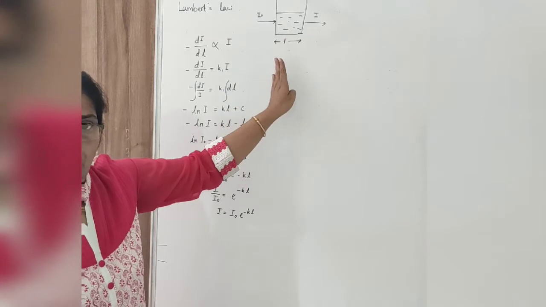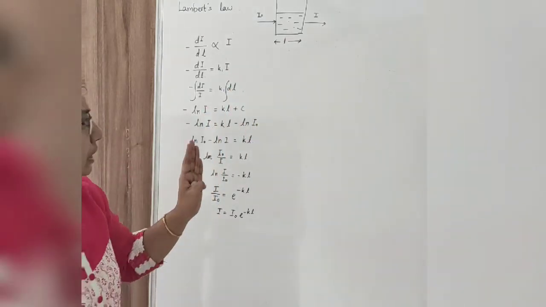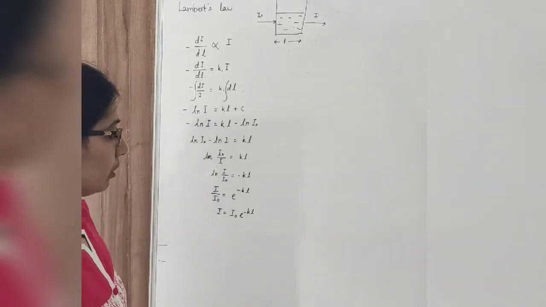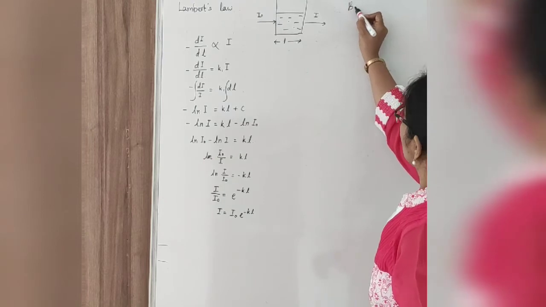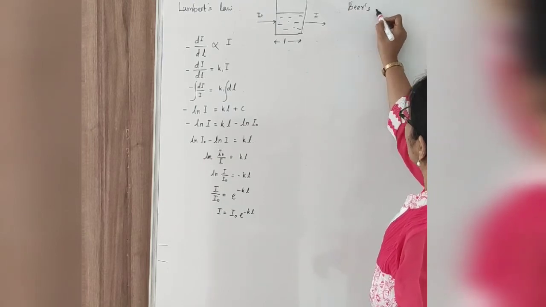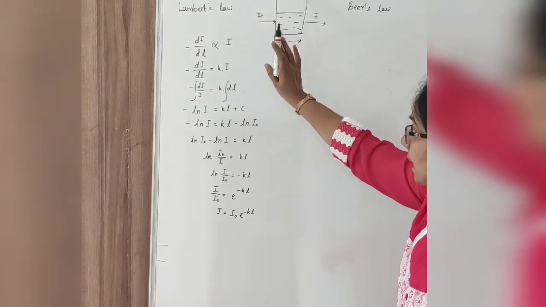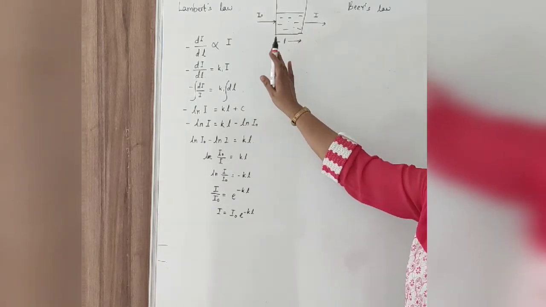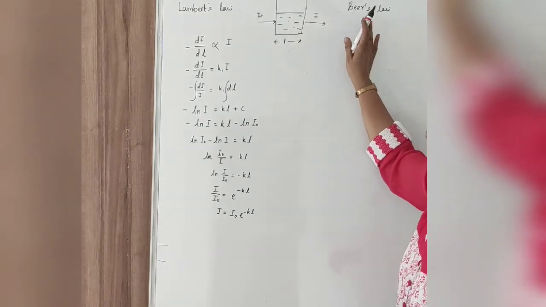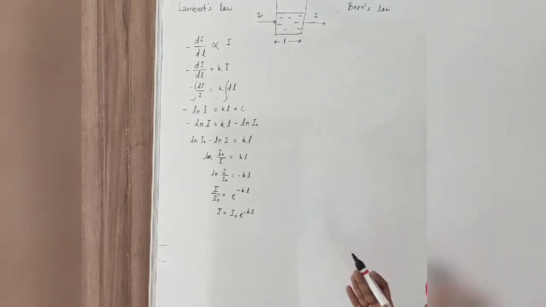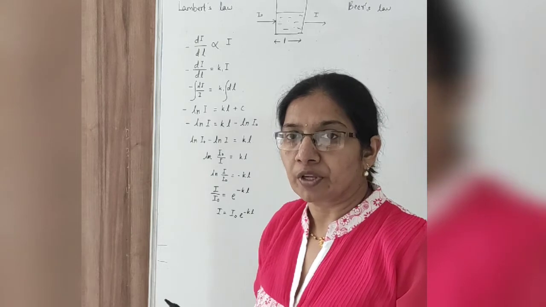Very similar to this, there is another law, which is given by Beer's law. We will discuss this Beer's law. In the case of Beer's law, there is a decrease in intensity of radiation with increase in path length, and here this law is related with the concentration of the absorbing solution.